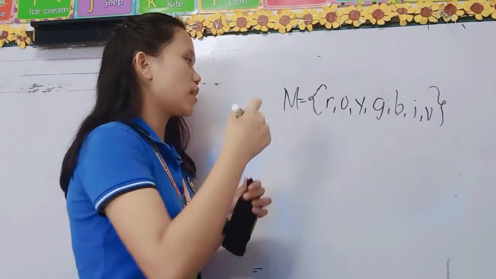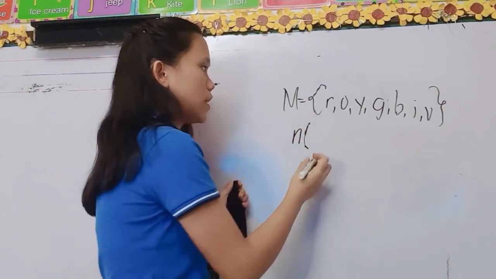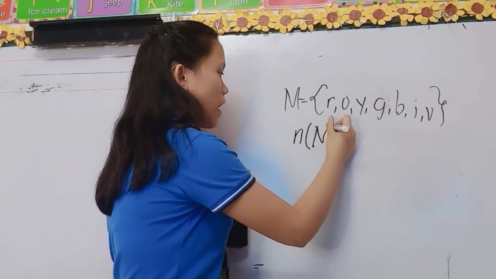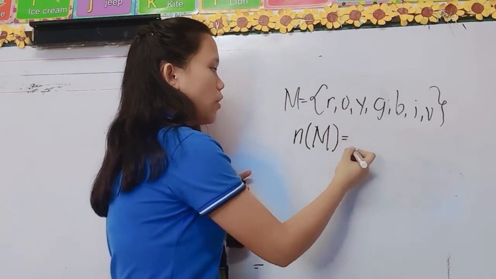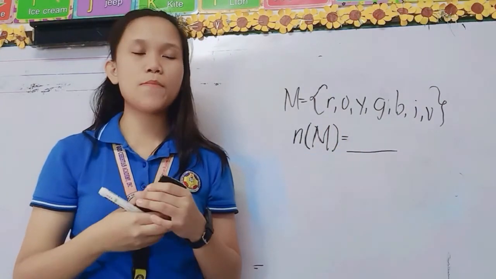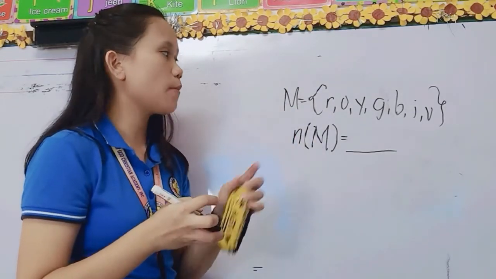We're going to write n, then open and close parentheses, and the name of the set, which is letter M. So, the cardinality of set M is equal to, when we say cardinality, it pertains to the total number of elements a set contains. So, how many elements does set M contain?